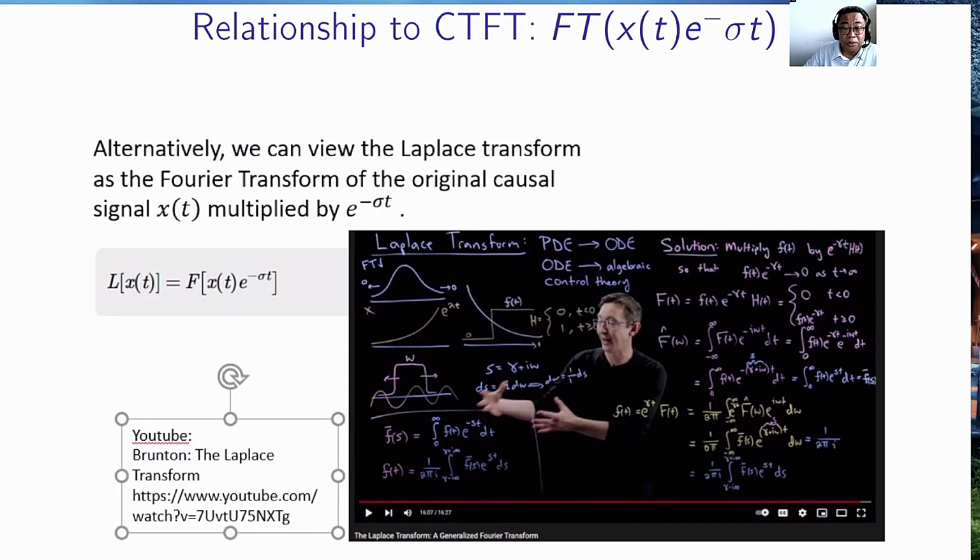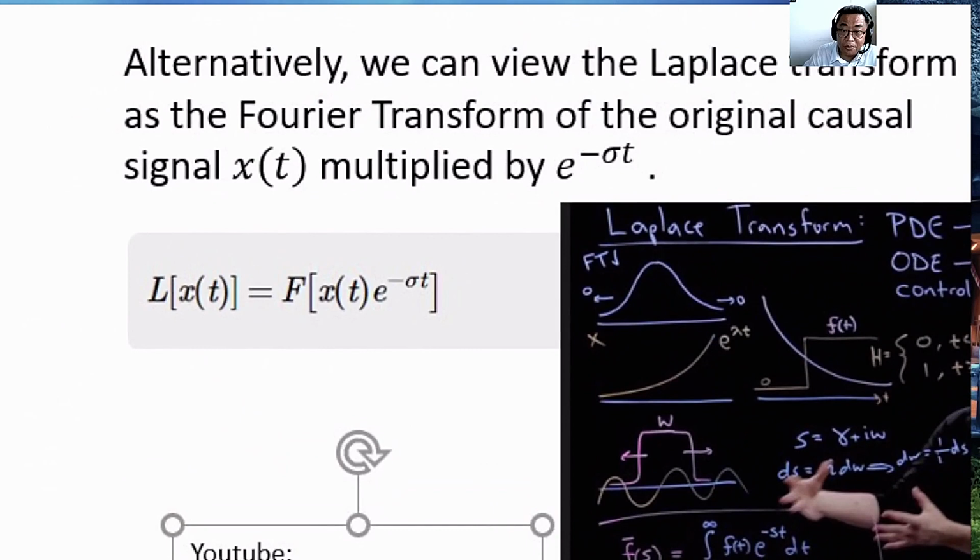I would also urge you to look at Brandon's video discussing the Laplace transform over here, and in his video he explains that the Laplace transform is the same as the Fourier transform of the signal x(t) multiplied by e to the minus sigma t, where sigma is what we are interested in for all the sigma plus j omega.